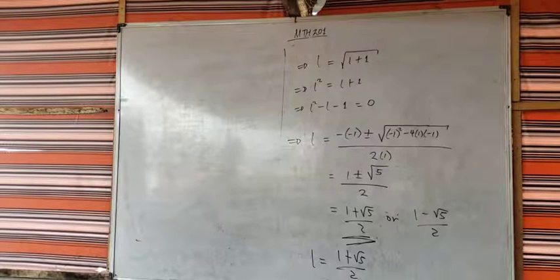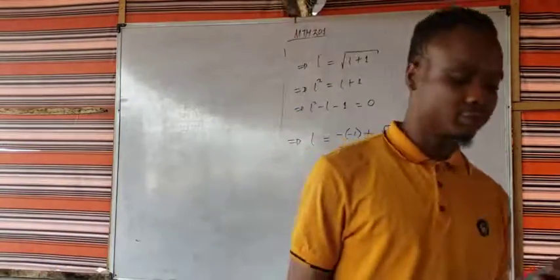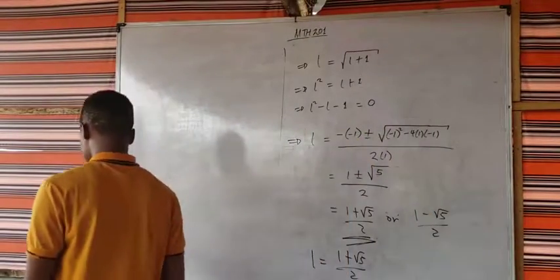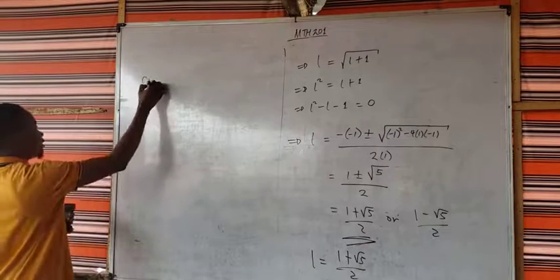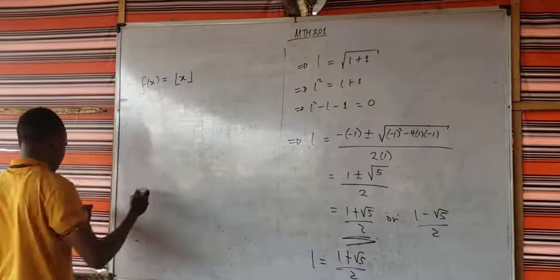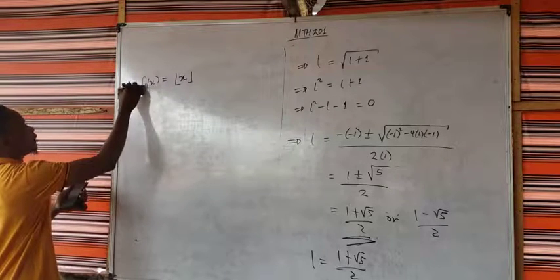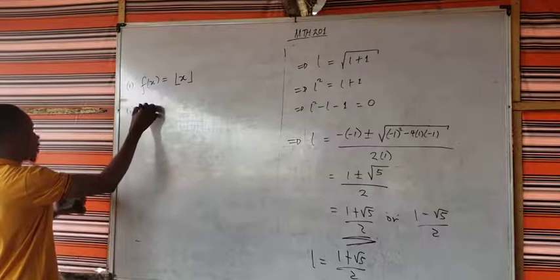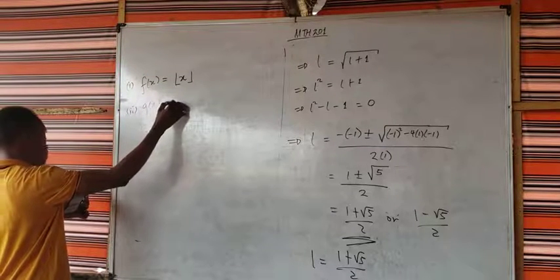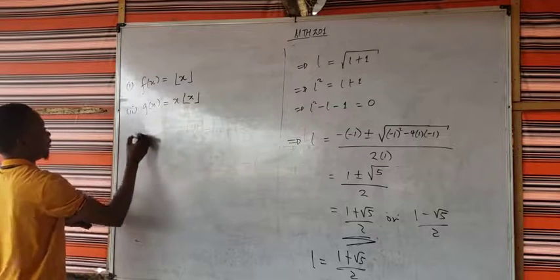Determine the points of continuity of the following functions. So this is part of your lecture material. You are given f of x equal to the greatest integer less than or equal to x. That's 1. You are given another one: g of x equal to x multiplied by the greatest integer less than or equal to x.